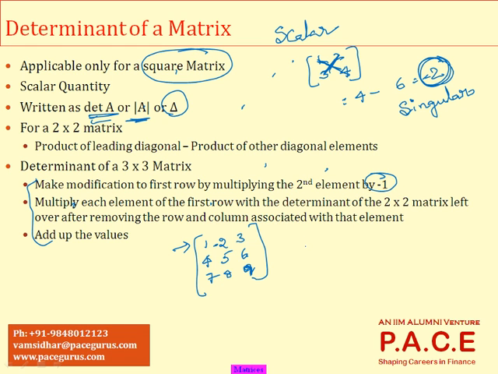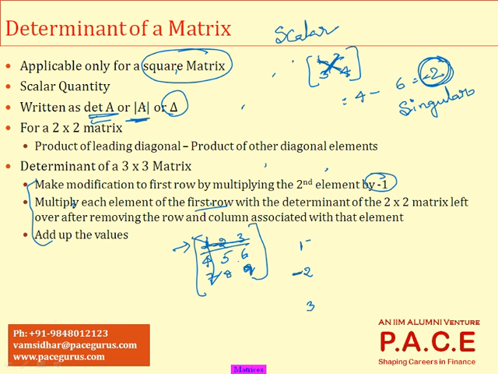Then you take the three calculations, 1, minus 2, 3. These are the first three elements, first row. So take the first row as it is, with just the second element's sign being changed. Now, if I am taking the 1, which is the first row, first column, eliminate this row and this column.